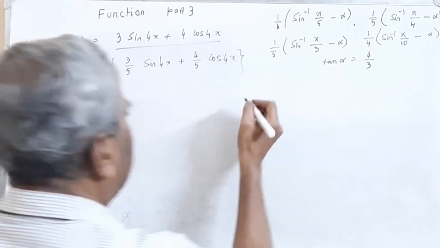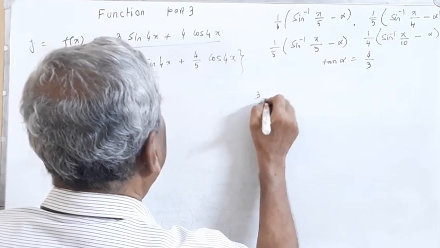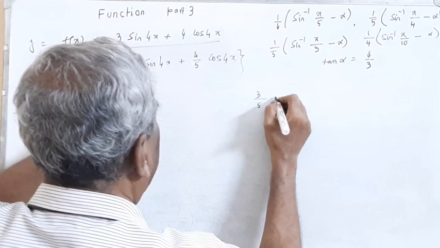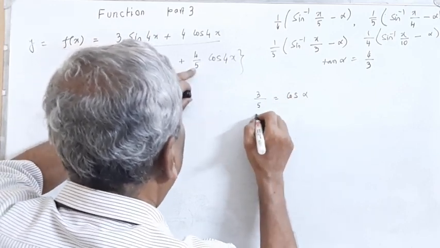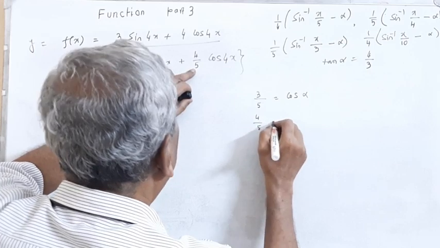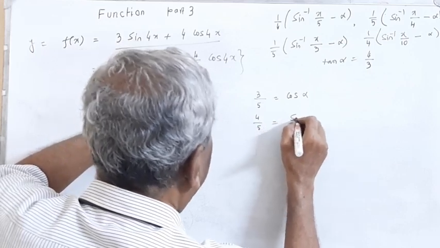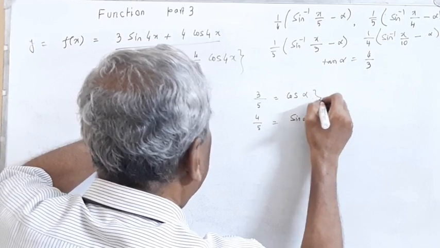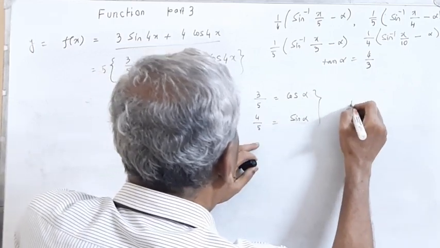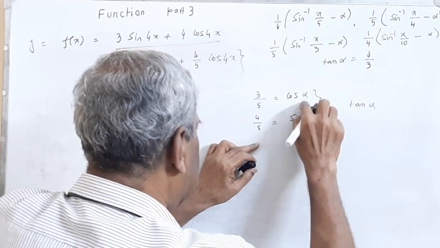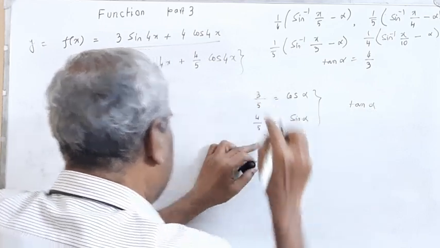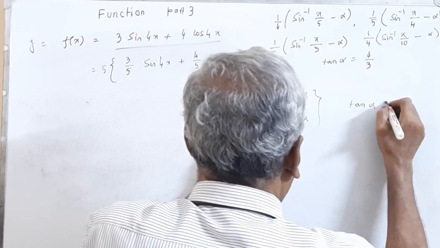If you take 3 by 5, this is equal to cos alpha, and 4 by 5 is equal to sin alpha. That is tan alpha, this by that, that is 4 by 3.